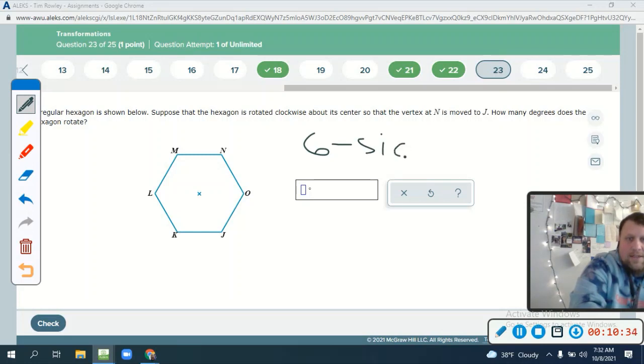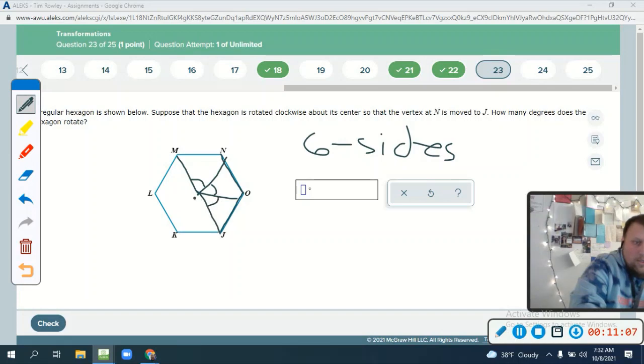If it has six sides, for me to rotate it so that N moves into J, N first goes to O, and then O goes to J. We need to first find out how much it is just to move. So if I were to look at this angle right here, how much is just that angle? And then how much would each angle be, right?